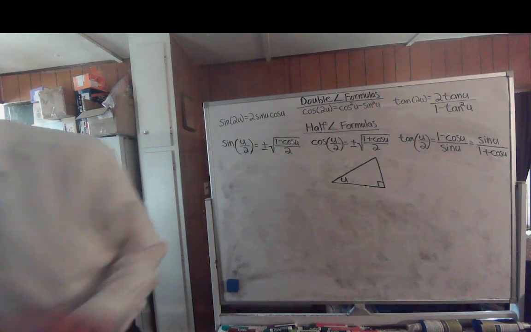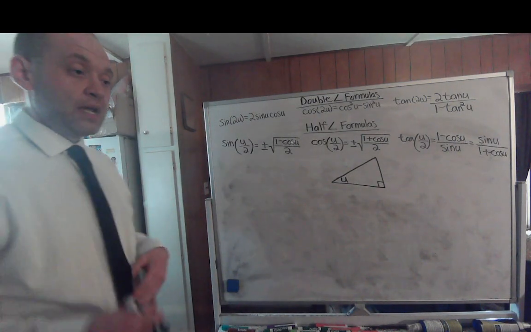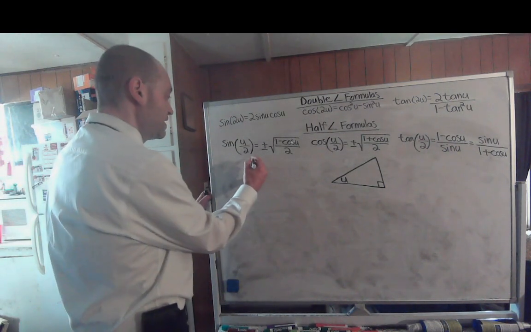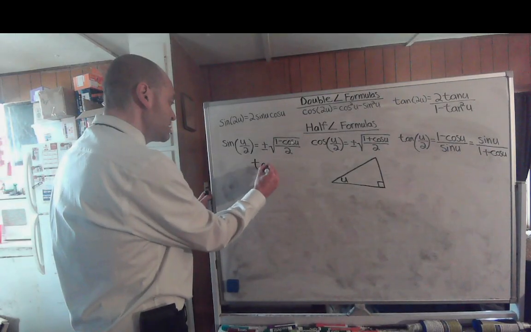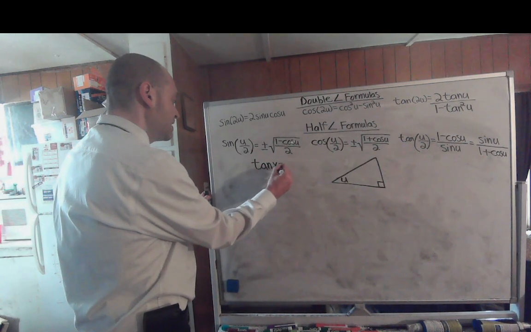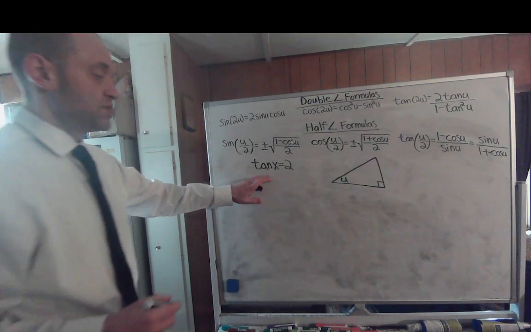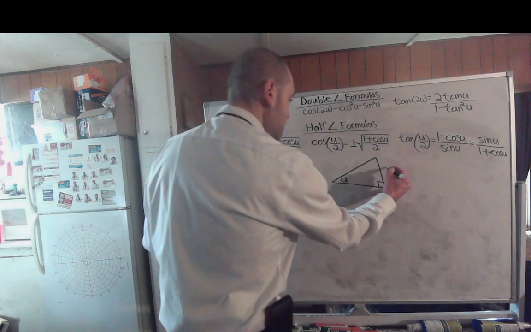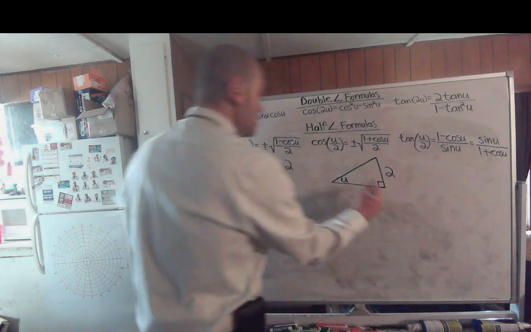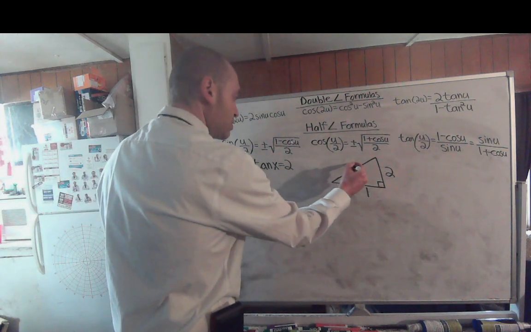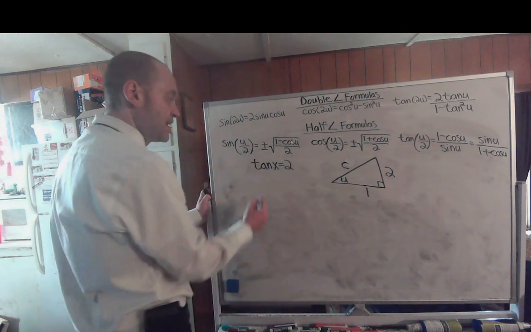So again, everything's going to be in the first quadrant. They give us that the tangent of x equals 2. So the tangent equals 2, so that's 2 over 1. We need to find the hypotenuse, we'll call that c. Let's use our Pythagorean theorem.